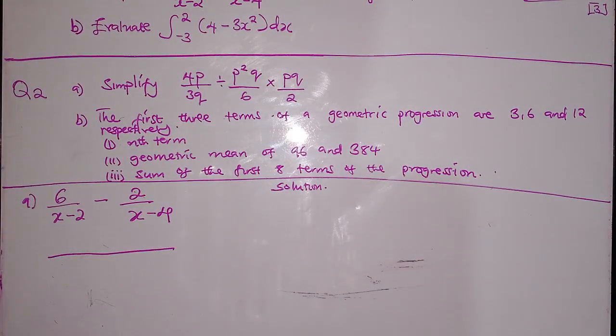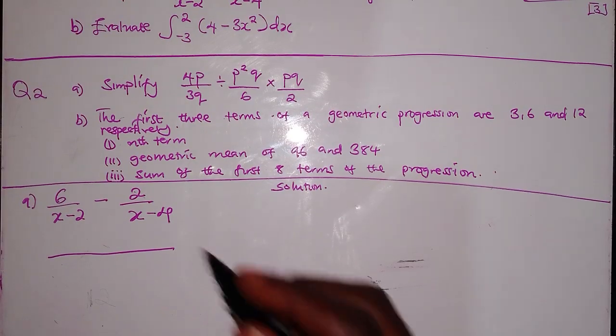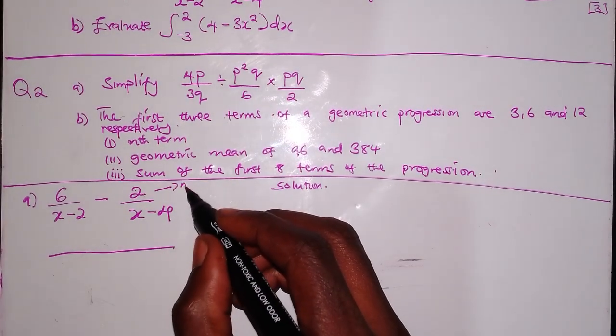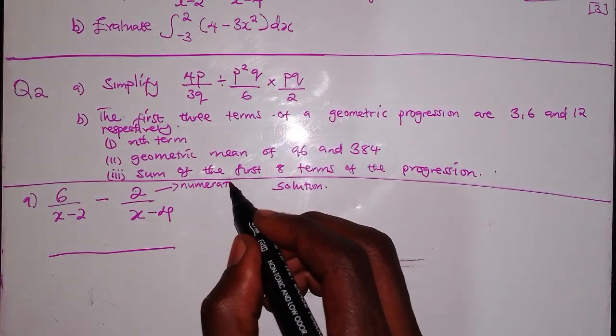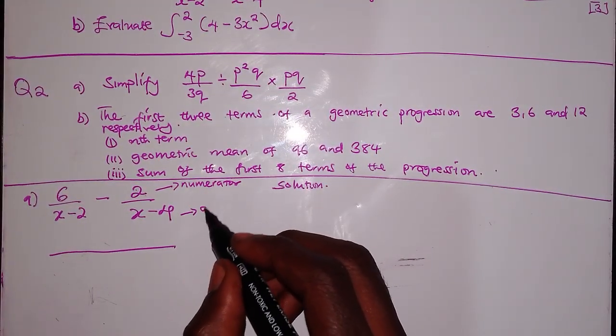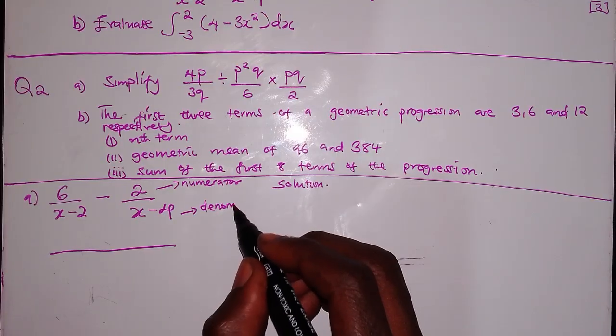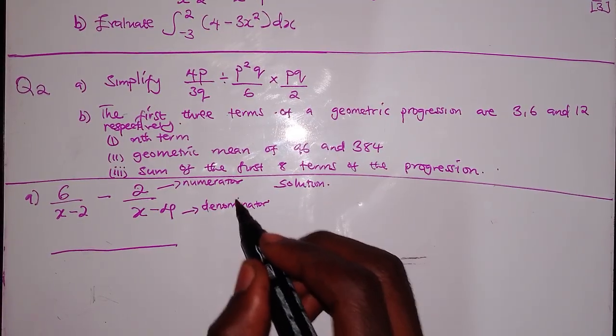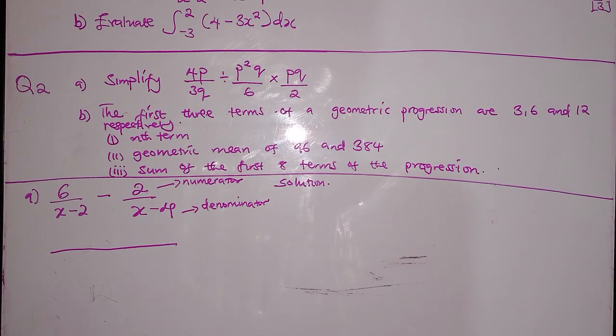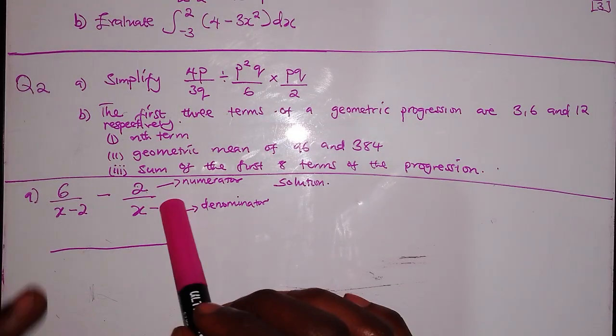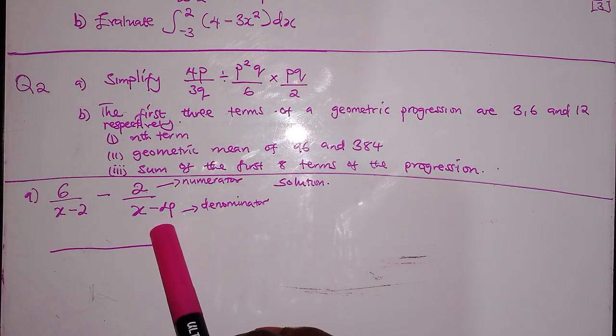Before we find the common denominator, you have to understand that the top part is known as the numerator and the bottom part is known as the denominator. So when I'm saying you have to find the common denominator, I'm saying you have to find numbers which x minus 4 can go into without leaving a remainder, and also x minus 2 without leaving a remainder.